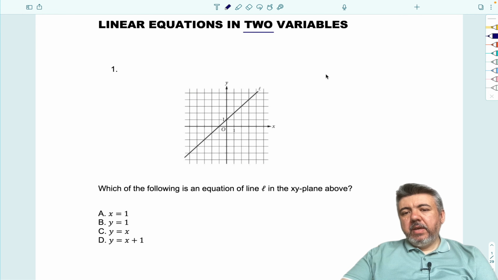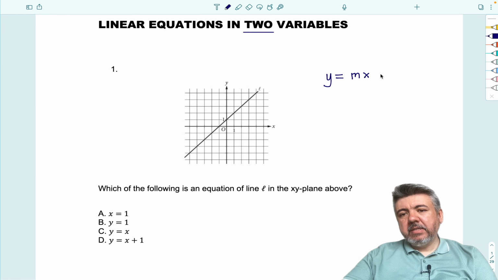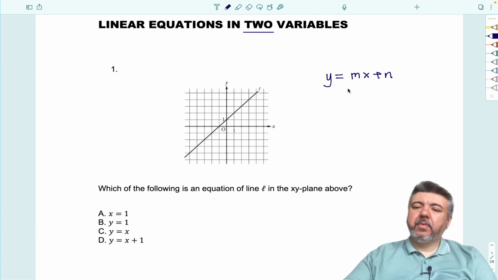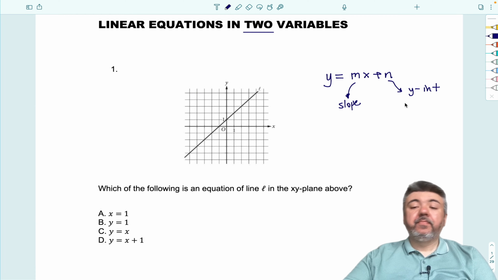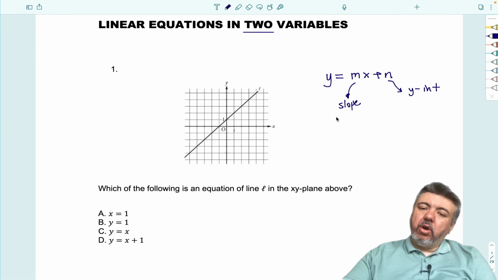So, simply, we can write a line equation something like this: y equals mx plus n. Here, m will be the slope of the line, and n will be the y-intercept. Okay, so what is a slope?